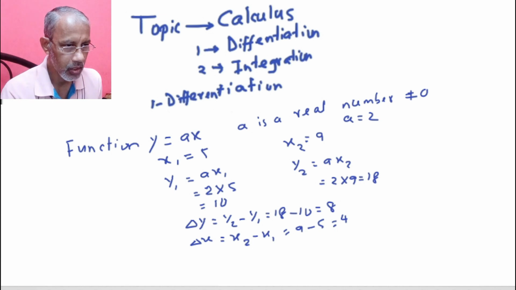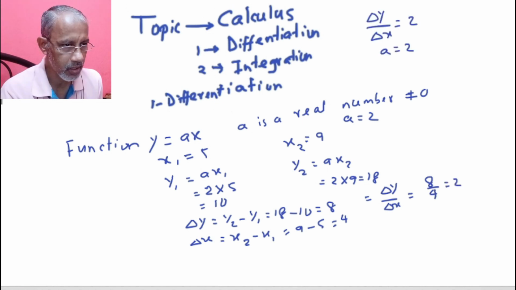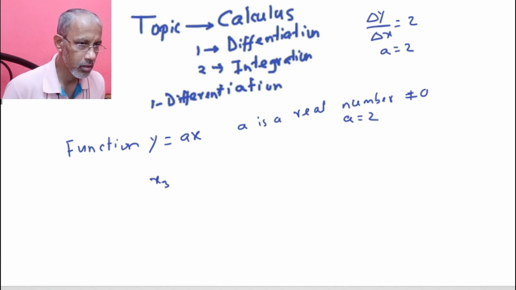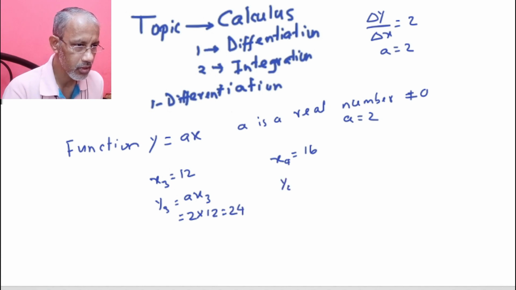The change in y per unit change of x is delta y by delta x, which is 8 by 4, that is 2. Let's take another span between two other values of x. Let x3 be equal to 12 and x4 be equal to 16. So y3 is equal to a x3, that is 24. y4 is a x4, that is 32.